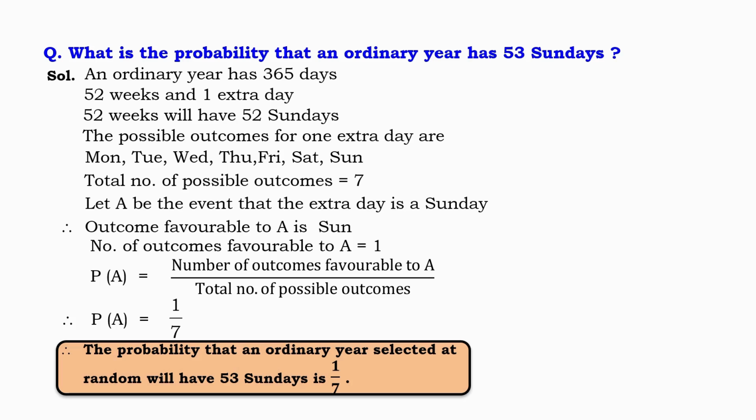So the probability that an ordinary year selected at random will have 53 Sundays is 1 by 7, because 52 Sundays are fixed. Now for that one extra day, the probability is 1 by 7.